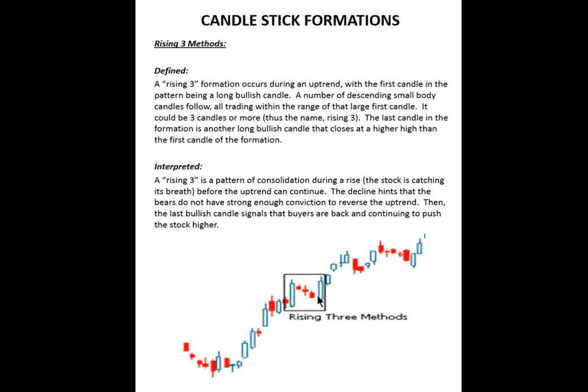Price drops a little bit, buyers step in and say, cool, let's drive this even higher, and it drives up even more. So there's a rising 3 and a falling 3, and you'll see these throughout when you look at charts.